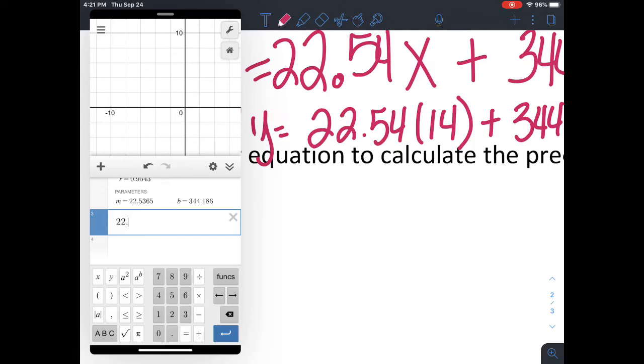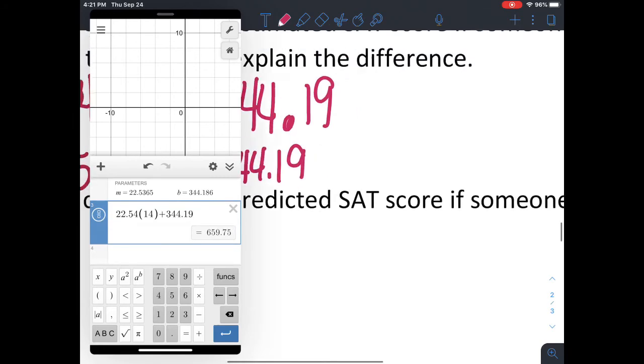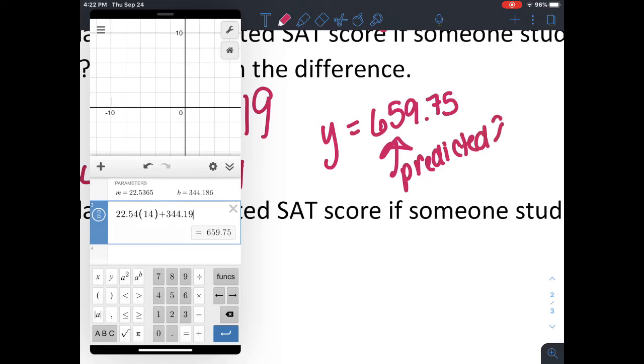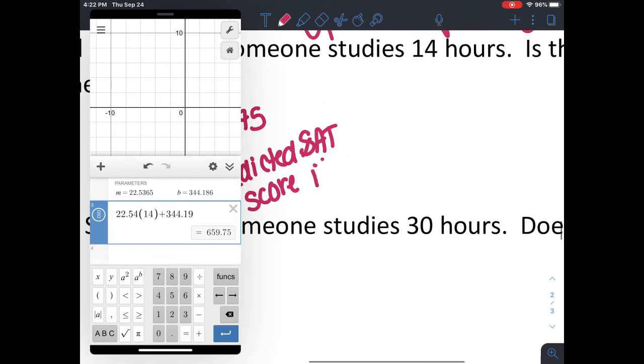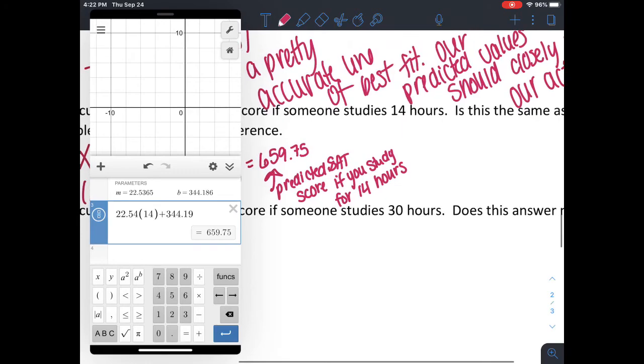And we're saying that 659.75 is our predicted SAT score if you study for 14 hours.